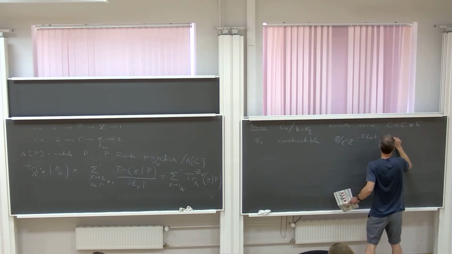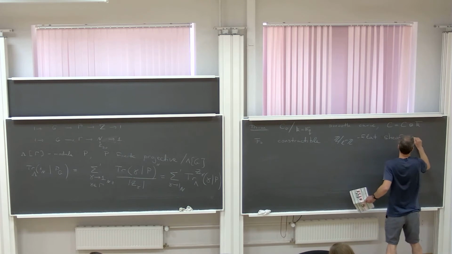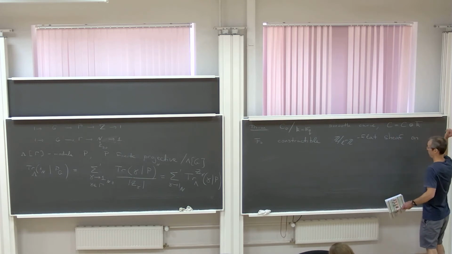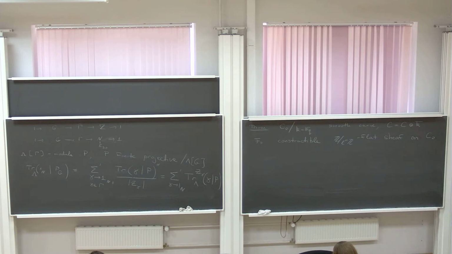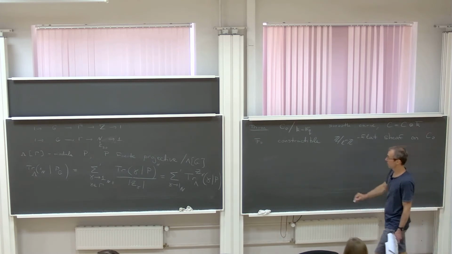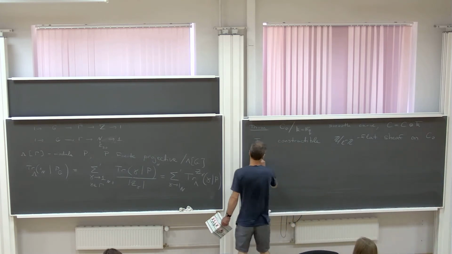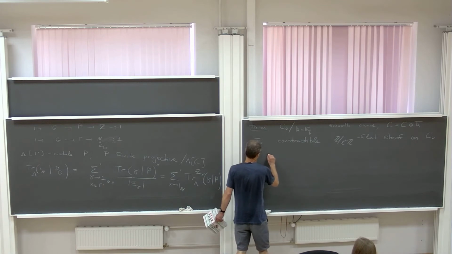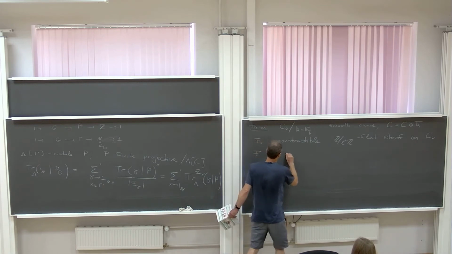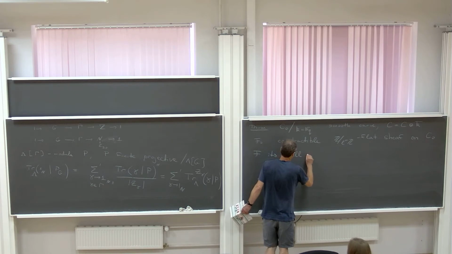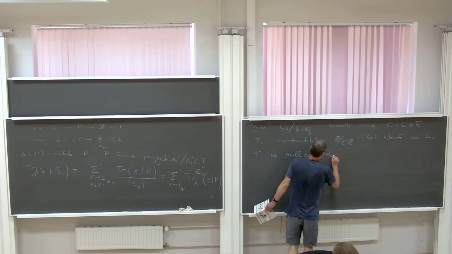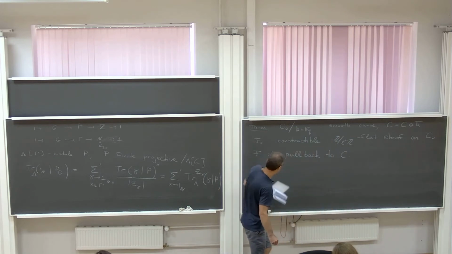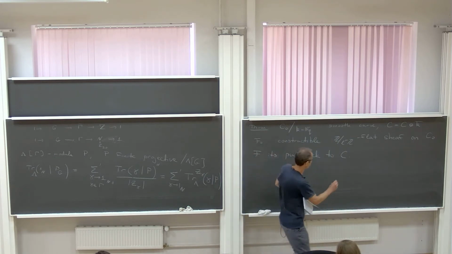sheaf on C0. So F is its pullback to C. And this comes with the Frobenius equivariance structure.